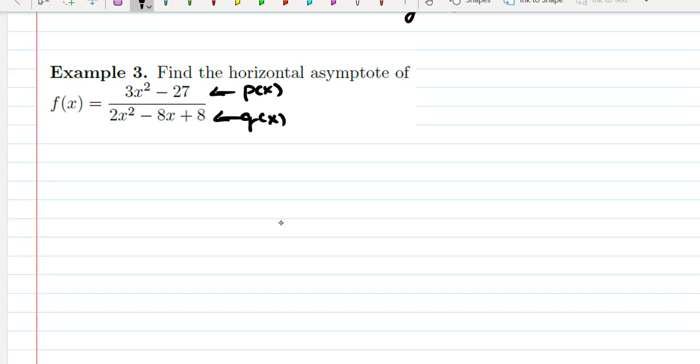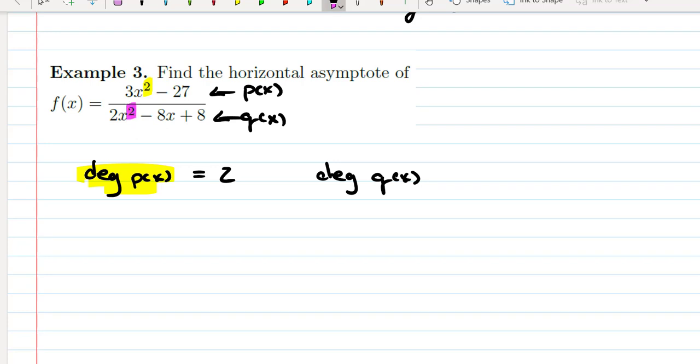P of x is always in the numerator and Q of x is in the denominator. Then we have our degree of P of x, which is going to be our exponent. So our degree of P of x is 2. And the degree of Q of x is also going to be 2.